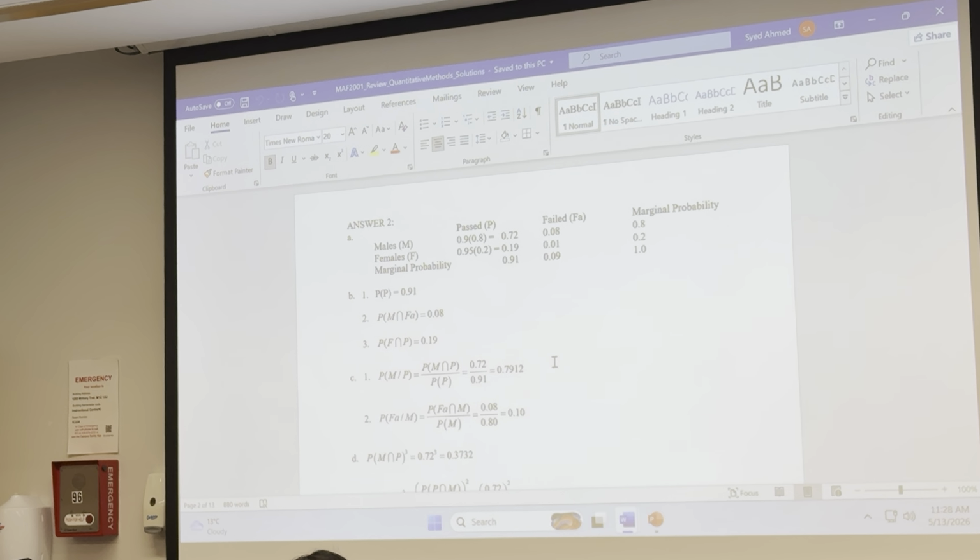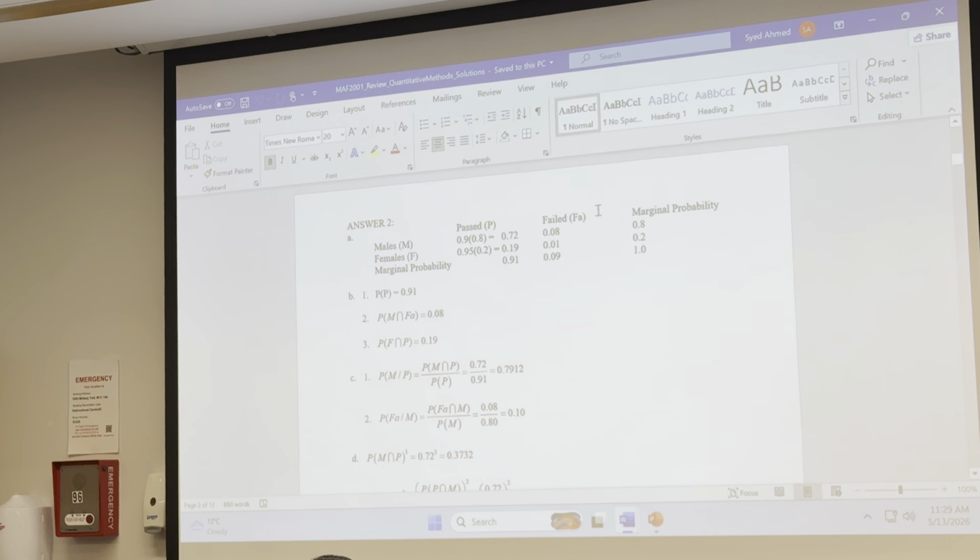What is the probability that a student failed the course, given that he is male? Now we know that the person is male. There are 80 males. Of that, 8 failed the course. This is the probability of male and failing the course.